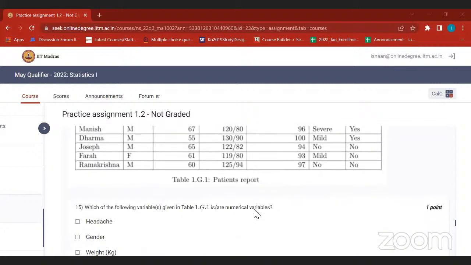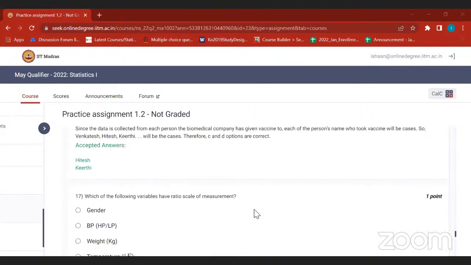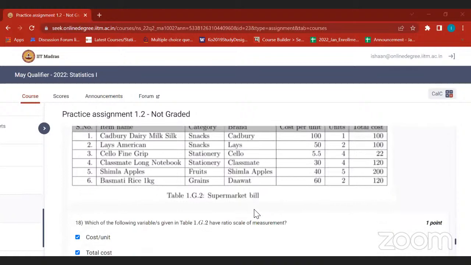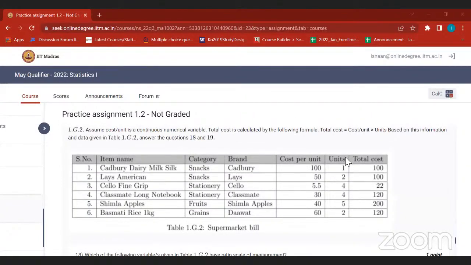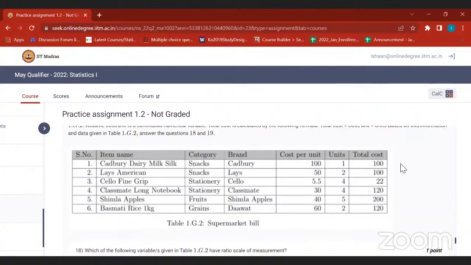So in the 18th question, the unit in the table, unit 1. It is numerical, no doubt. But it should be interval, because I can have 0 units purchased also, right? Yes, you can add another element and write 0 units.